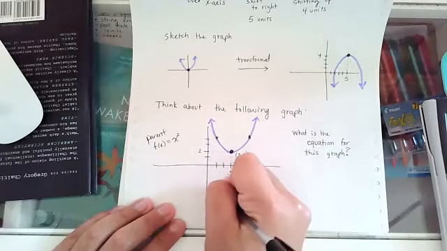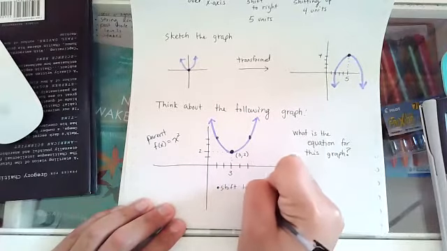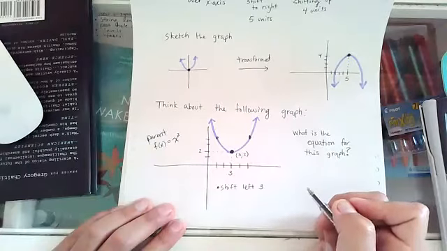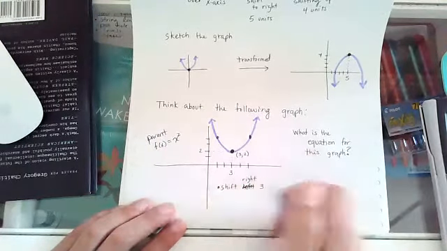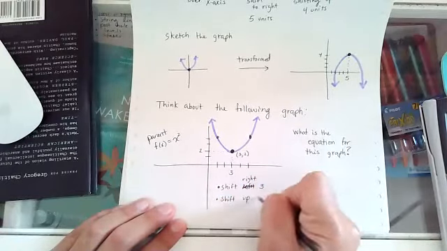So if we list those transformations, we shift to the left 3. Sorry, we shifted to the right 3, my other left. And then we shifted up 2.